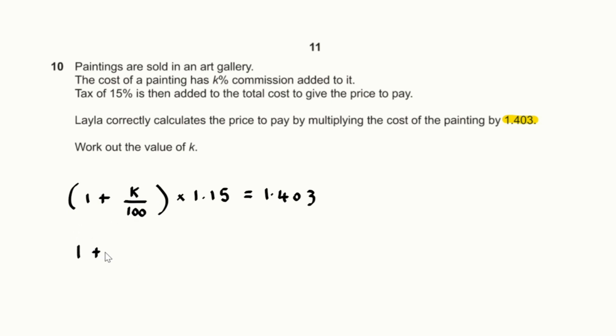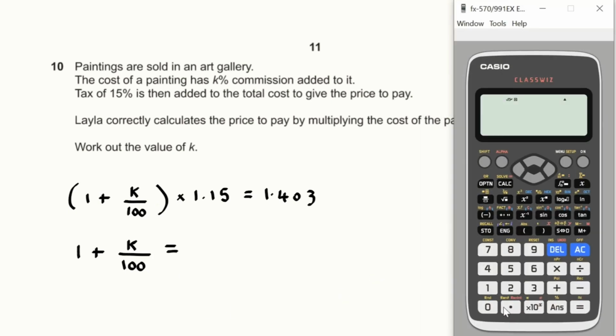So 1 plus K over 100, that's equal to, well, I've got 1.403 divided by 1.15, which is 1.22.